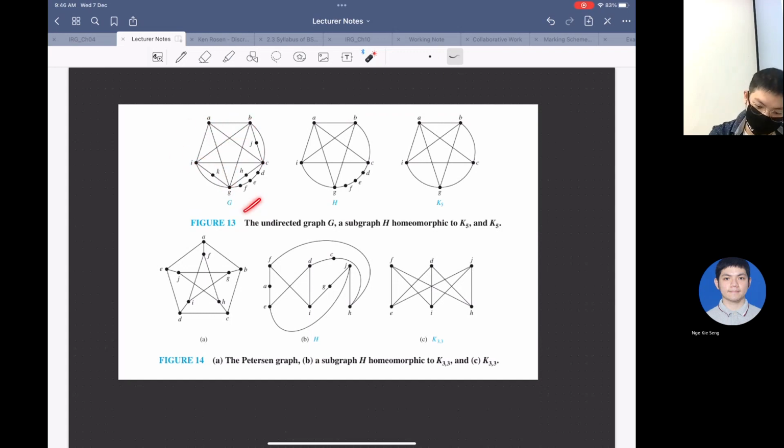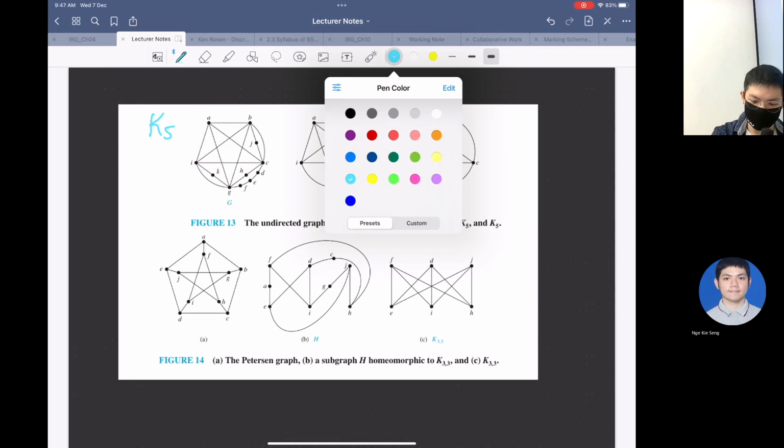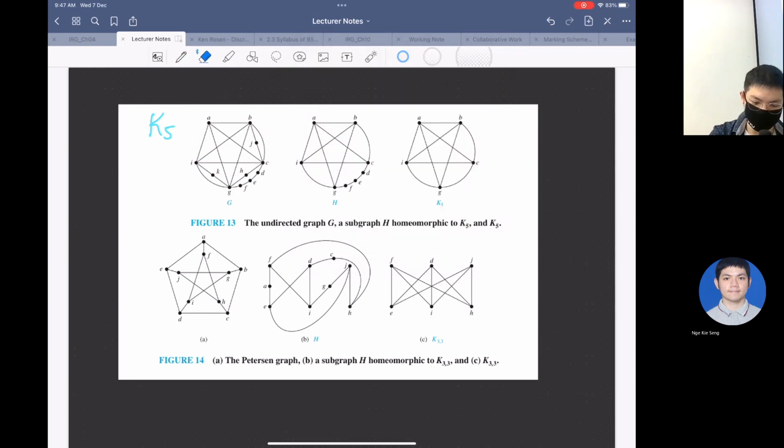The claim is that this G here is non-planar by the theorem because it has a subgraph that is homeomorphic to K5. Let me draw out the K5. 5 dots and then complete it.